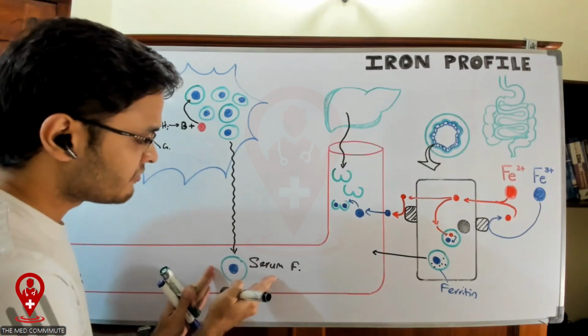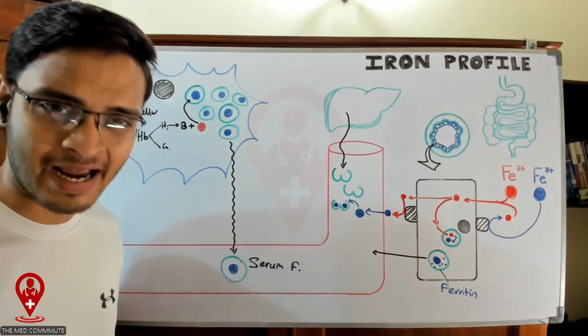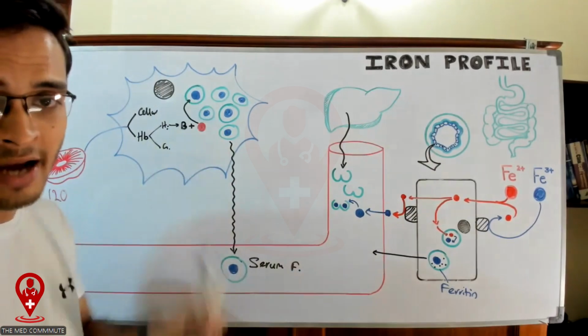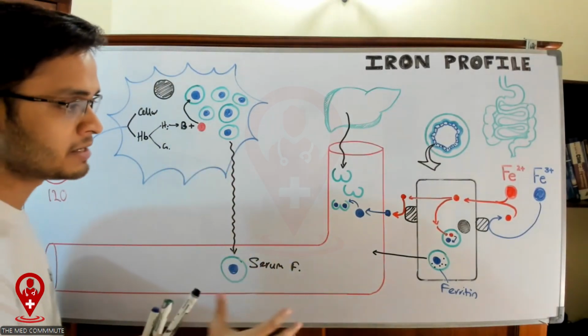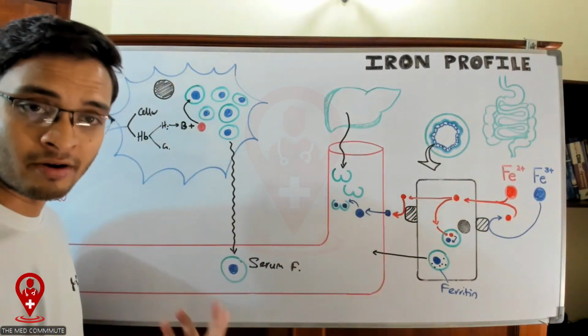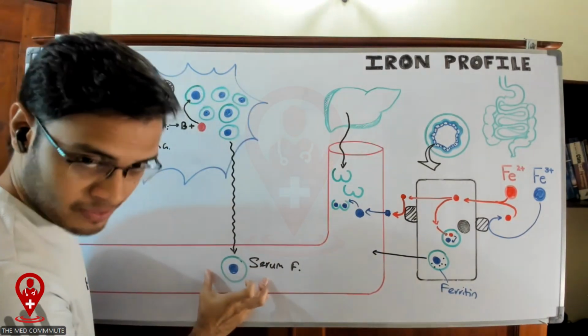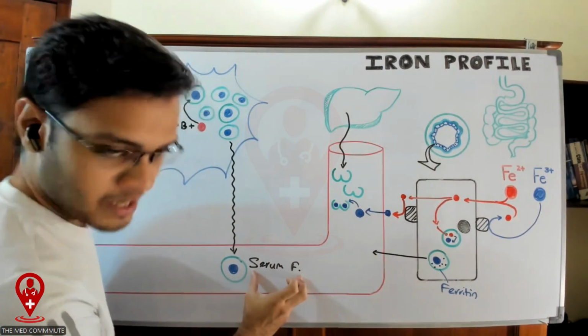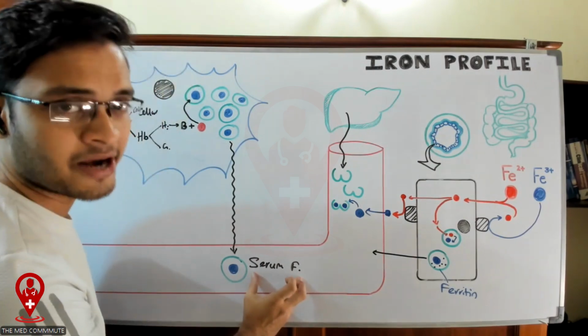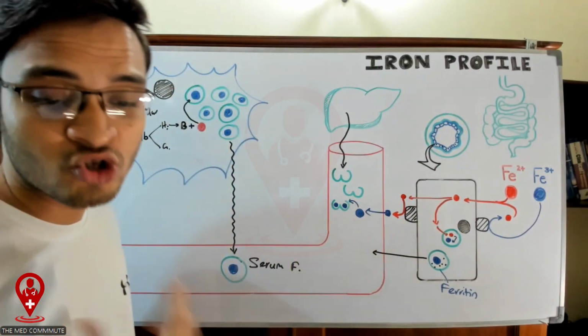Serum ferritin is a direct indicator of our stored iron, because we said ferritin is one form of stored iron. When ferritin comes into the blood, it becomes serum ferritin, a direct indicator of our iron stores.